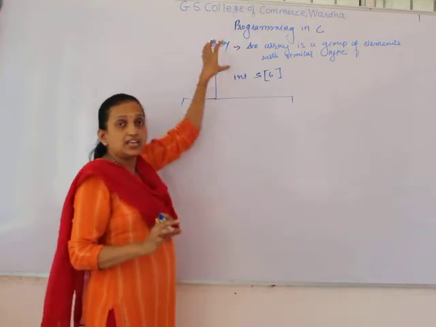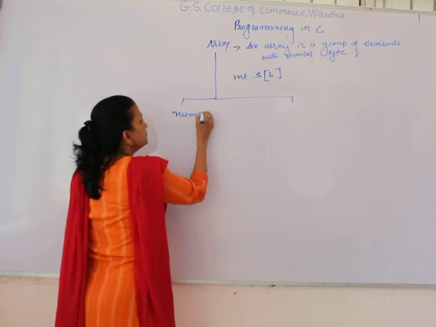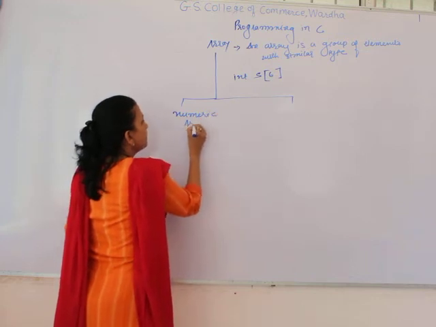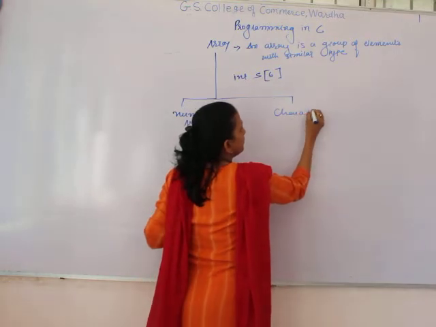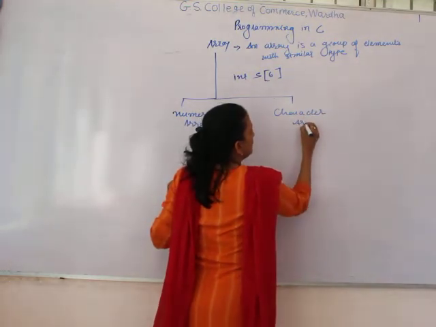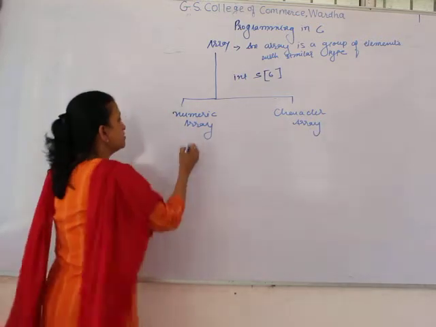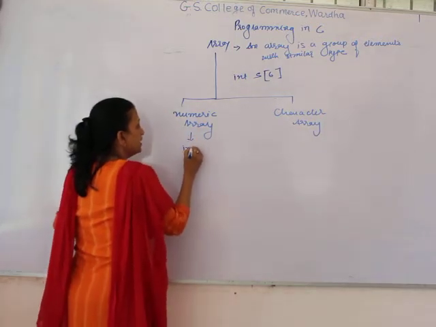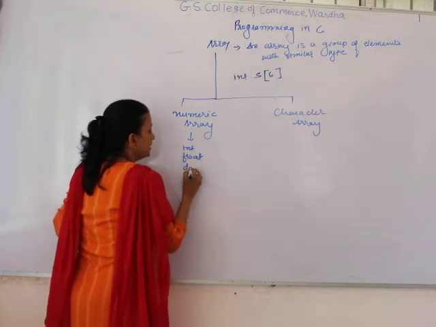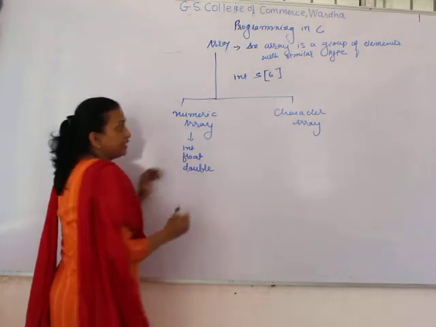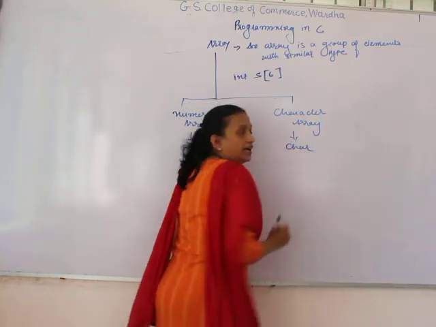Array is of 2 types: numeric array and character array. In a numeric array you can store values of type int, float, double, and in a character array you can store char values.